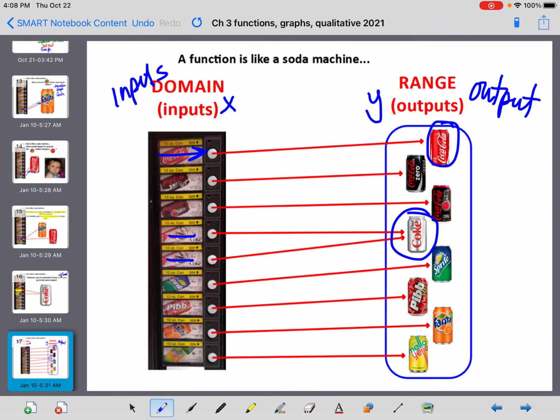But I cannot have, in a function, an input going to two different outputs, right? I couldn't sometimes get Fanta and sometimes get Mr. Pibb. That's not what I want, right? So in order for it to be a function, each individual input can only have one output.